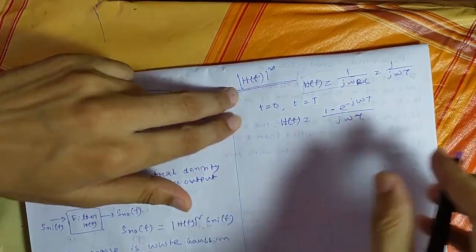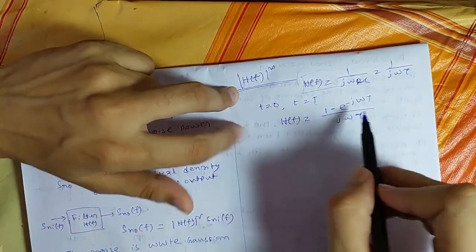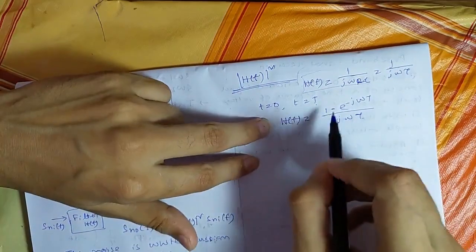We need to determine the absolute value, so we separate the real part and imaginary part.